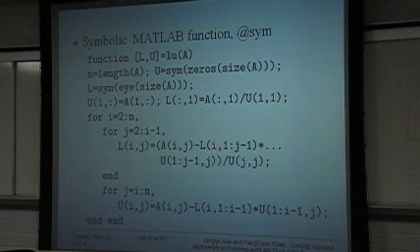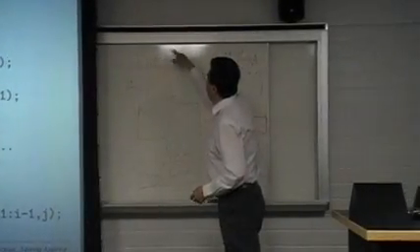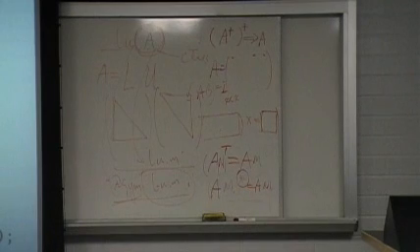However, if A is a symbolic matrix, it will search the S7 directory and find this function. So these two functions do not conflict with each other. It checks the data type of A first, and then finds the proper function to process it.